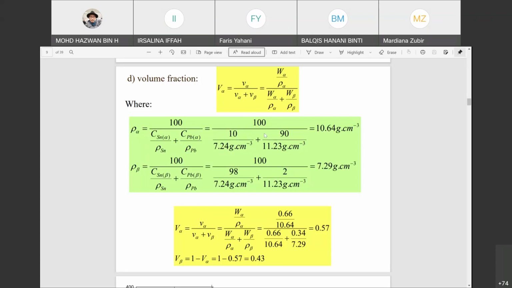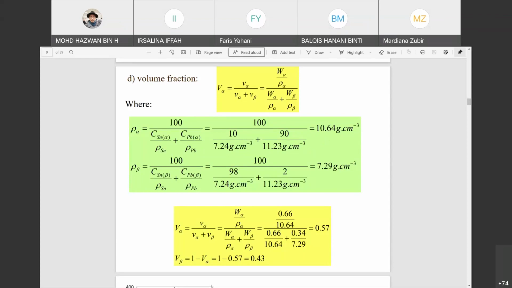This is easily calculated as 100 minus 10, then you get 90. So 10% of tin divided by the density of tin, 7.24, plus the remaining 90% of lead over the density of lead. If you calculate all these together, you will get the density of alpha equal to 10.64 gram per centimeter cube.